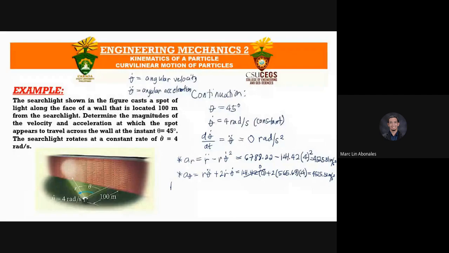So the magnitude of the acceleration is equal to the square root of a_r squared plus a_theta squared. So a is equal to the square root of 4525.51 squared plus 4525.52 squared.